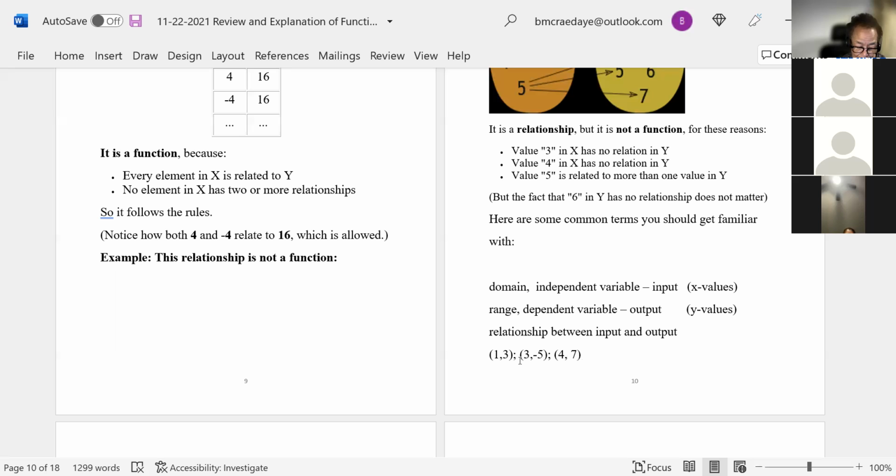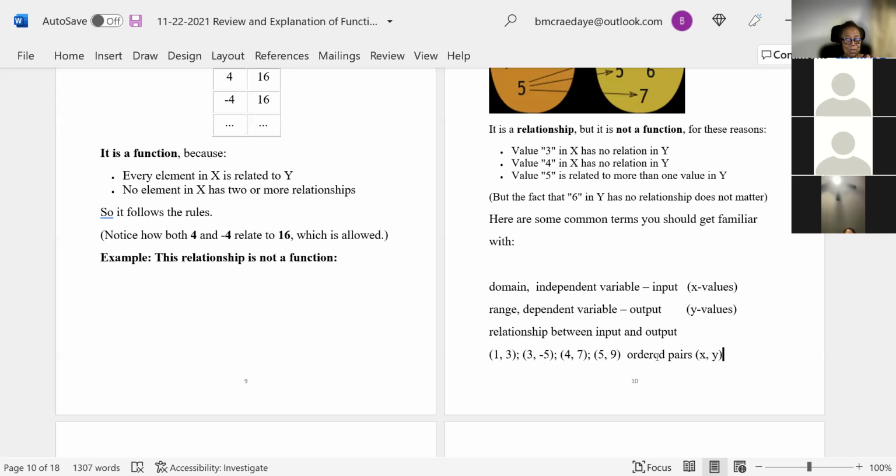And one more, 5, 9. These are ordered pairs, which means they are in order as X and Y. X comes first, followed by Y.